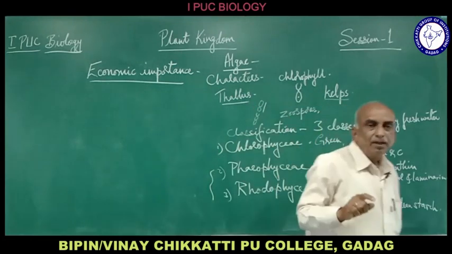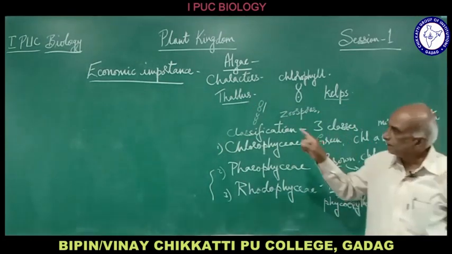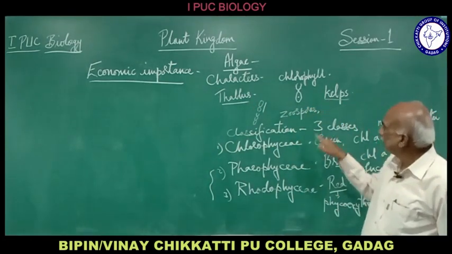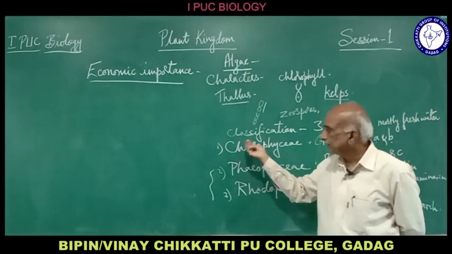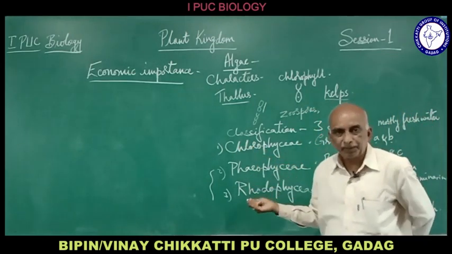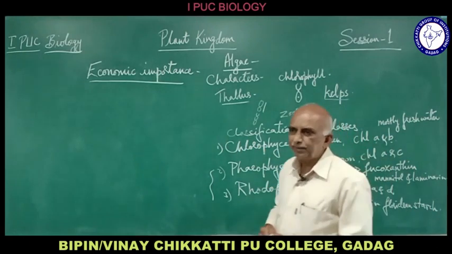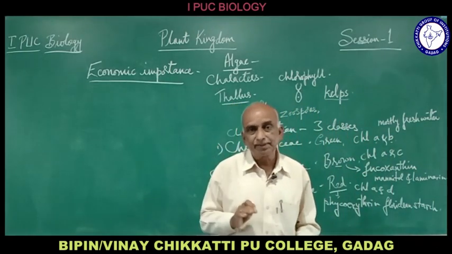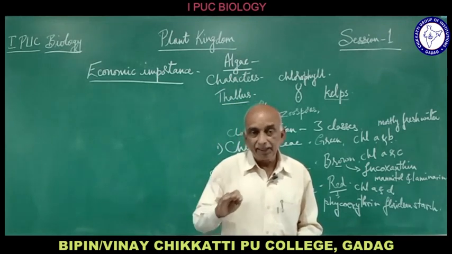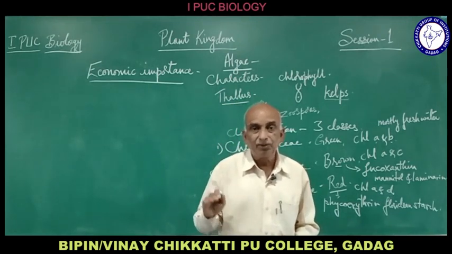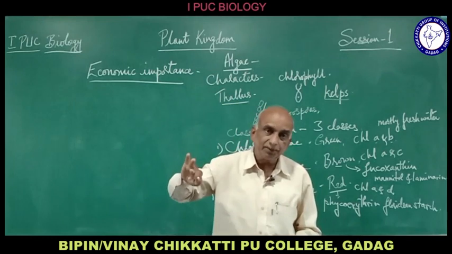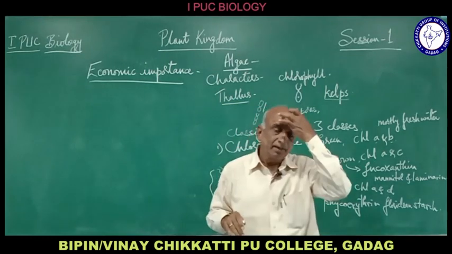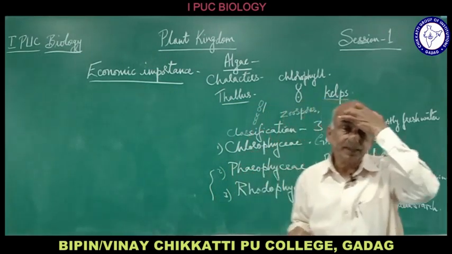Then when we talk about algae, I was telling that they are fresh water and marine. There are also algae which are growing on land, but in moist soils, not purely water. In damp soils, in wet soils, and even on the surface of wet rocks, and even on wet walls they grow.